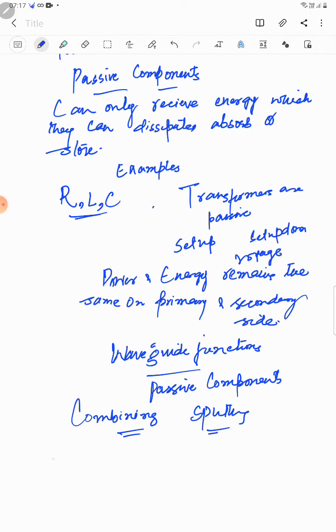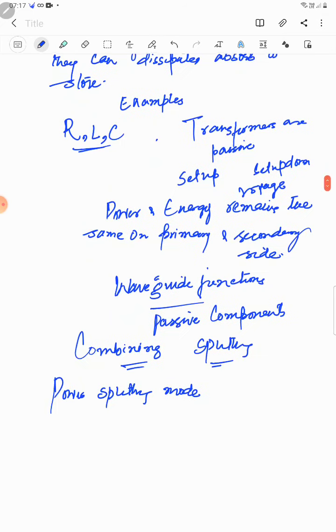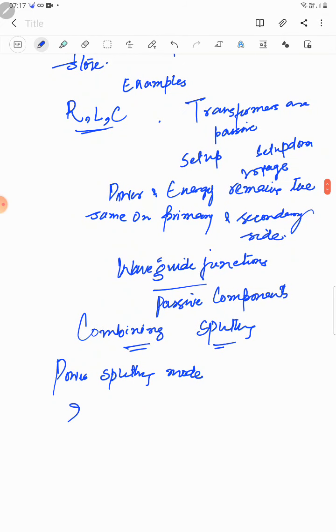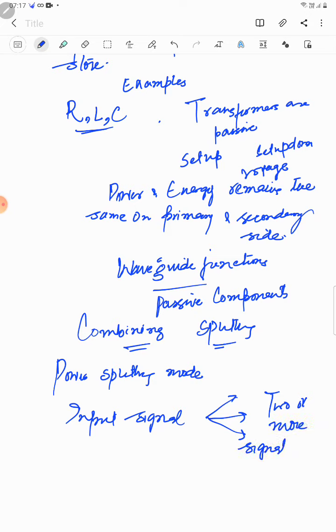In power splitting mode, an input signal is divided into two or more signals of lesser power.